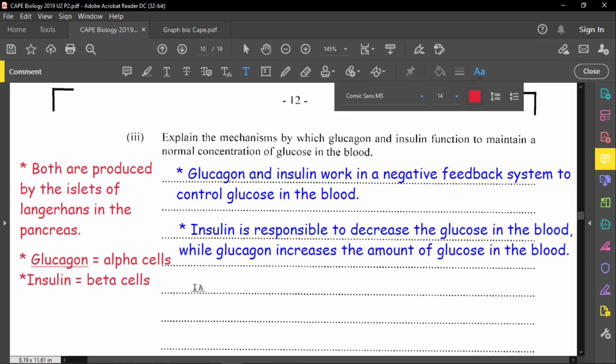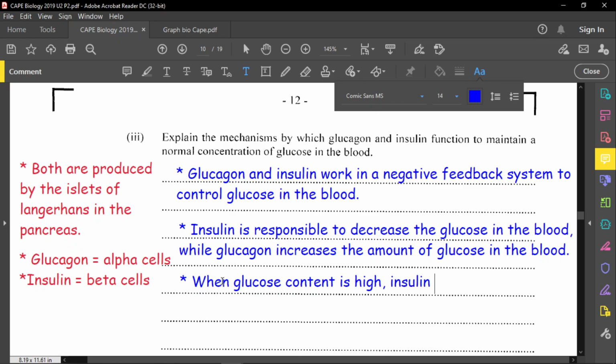And so the next point I'm going to make here is that when glucose content is high, insulin will be secreted or released.